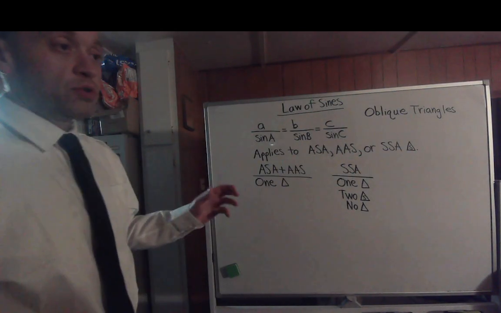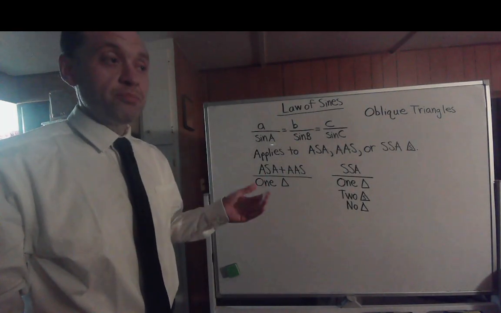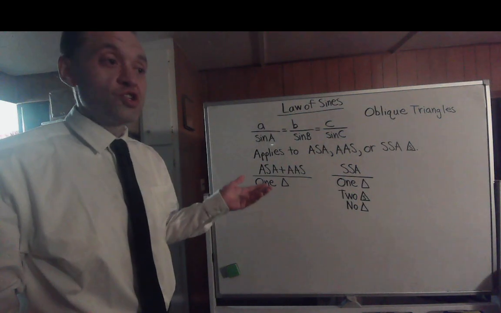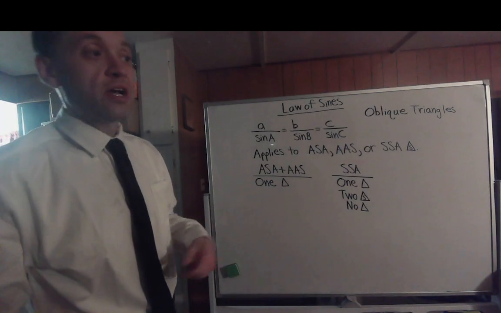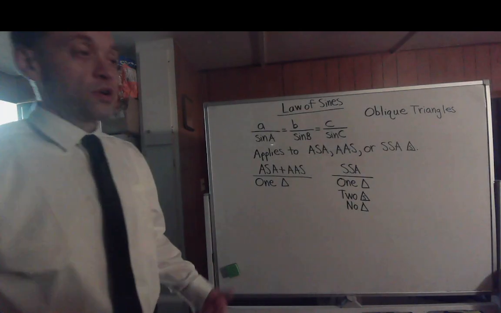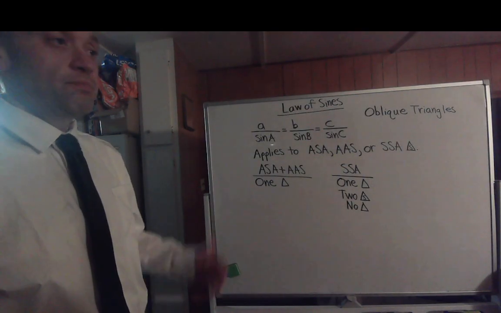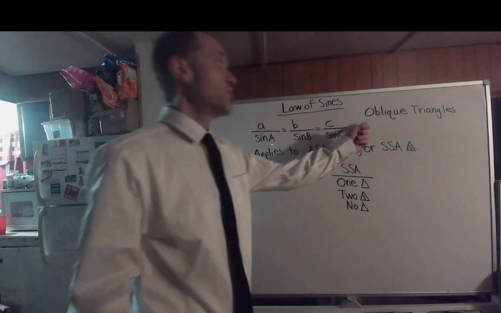This will enable us to solve for oblique triangles. And simply put, an oblique triangle is a triangle that's not a right triangle. So it could be an acute triangle or an obtuse triangle. Basically any triangle that doesn't have a right angle is an oblique triangle.